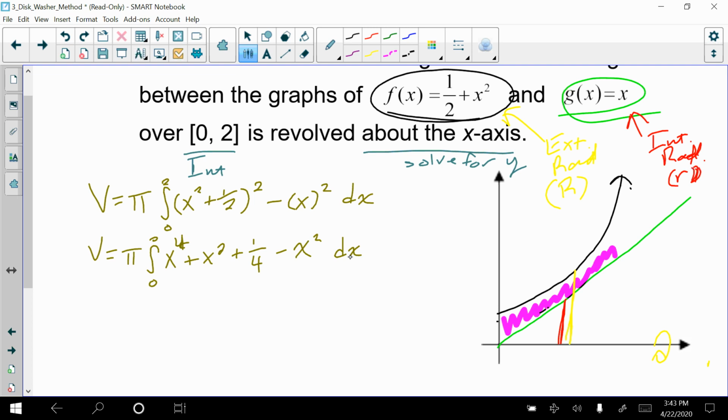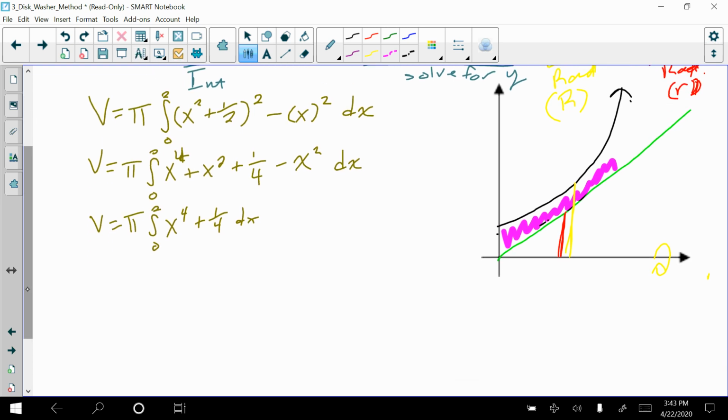And you can see that the x squareds in the integrand are going to cancel each other out to make 0. So we have 0 to 2 for our interval, and we're going to be left with x to the fourth plus 1/4 times all of it times dx. So we've simplified the integrand, and it can't get any more simple than what it is now.